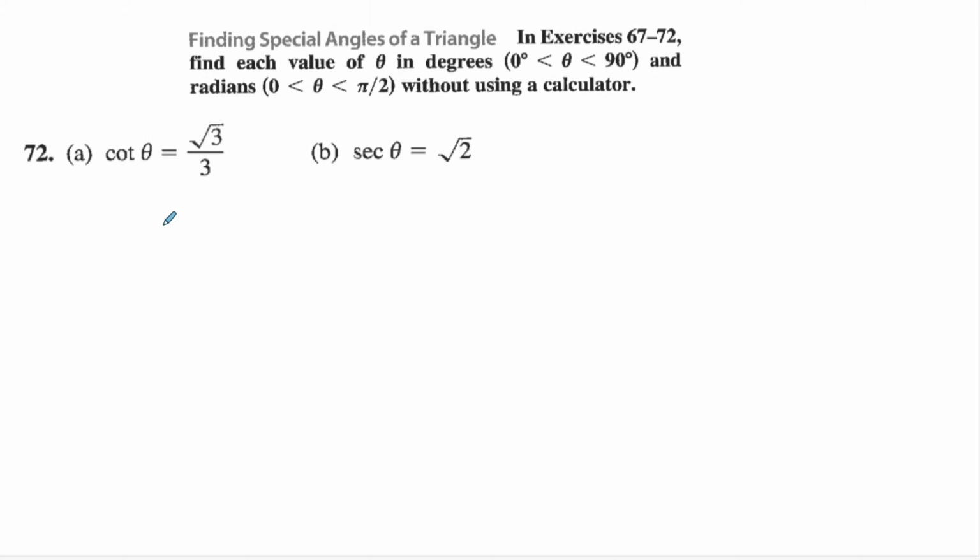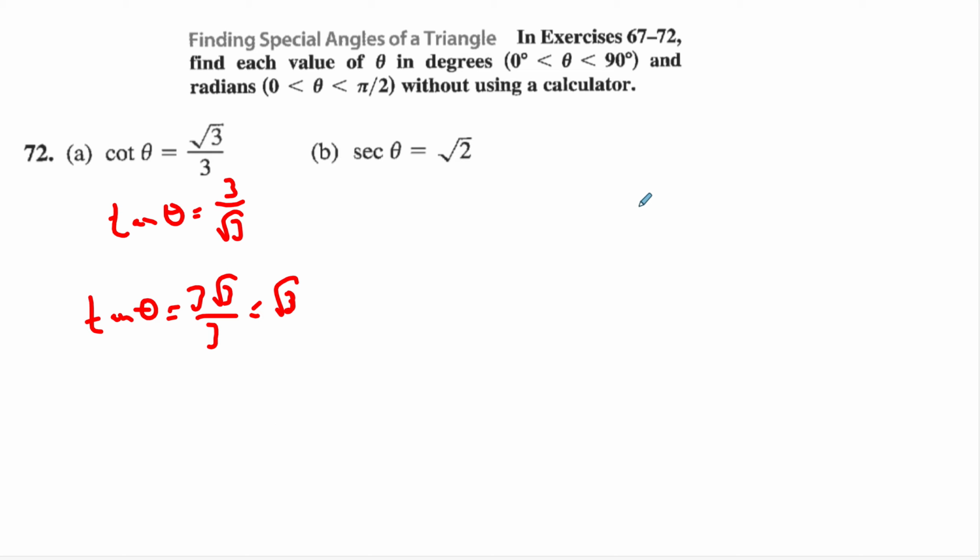Same idea here. If the cotangent is that, what does that mean the tangent is? That would be 3 over root 3, yes? So that would be 3 root 3 over 3, or root 3. So when is the tangent equal to root 3?